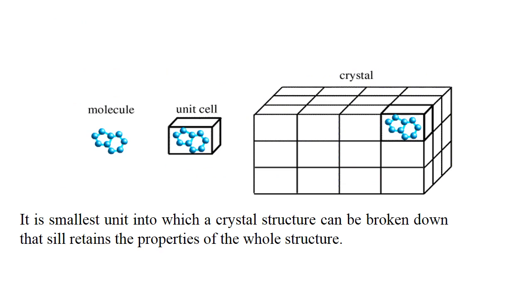This is the molecule which is blue in color on the left side. In the center, this is the unit cell showing the different angles, phases, etc. And these unit cells, after combining with each other in a regular arrangement, form the crystal lattice.